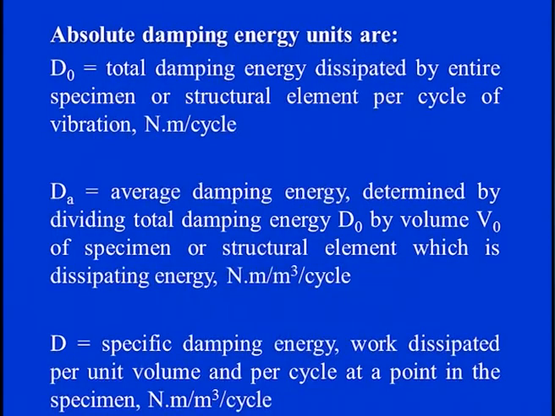But in this case we need to take the stress or the force, that at a point how much specific damping energy is dissipated in a unit cycle during that entire work part. So, at that point the specific damping energy D is nothing but Newton meter again divided by the volume, meter cube per unit cycle.